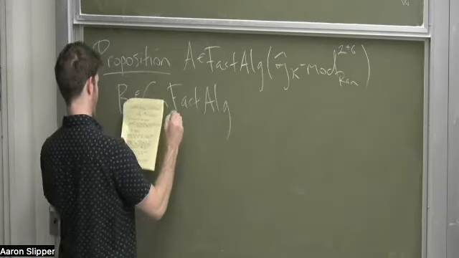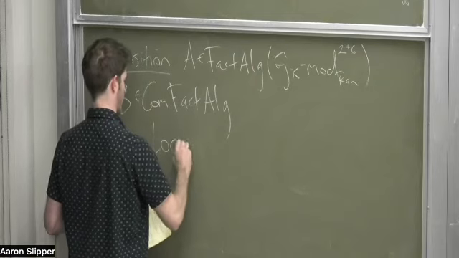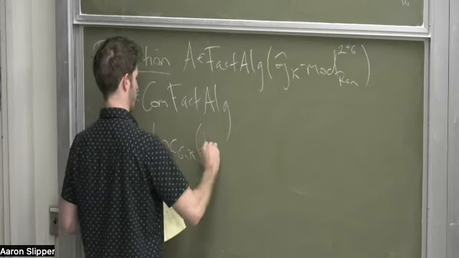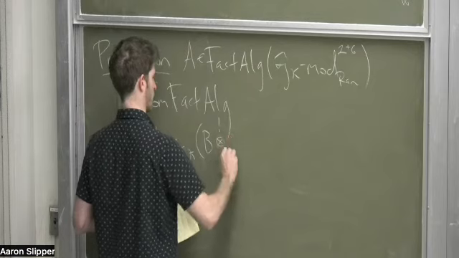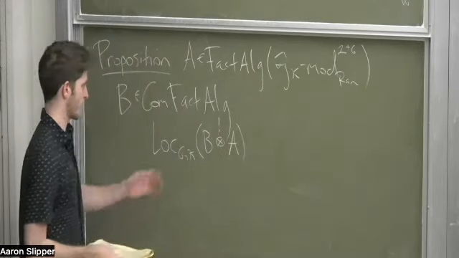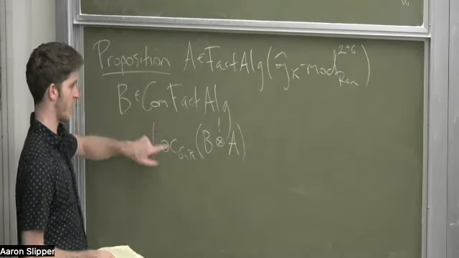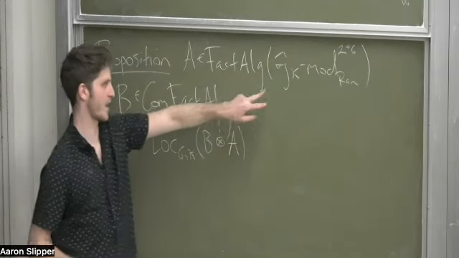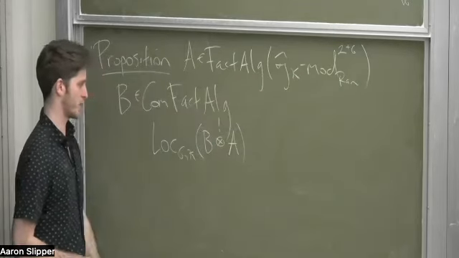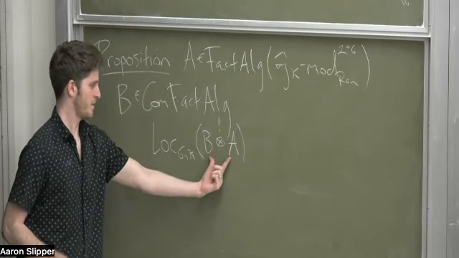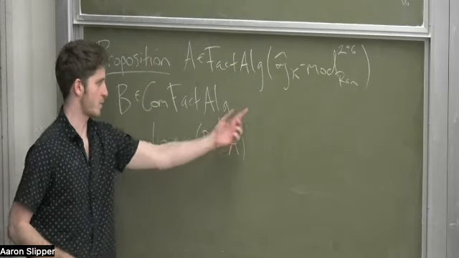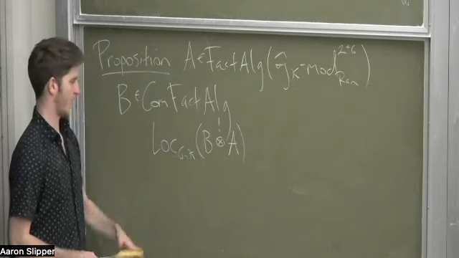The claim is that, again, B is in particular a D-module on Ran space, so I can tensor it with A, and I get another object of the Kac-Moody category. B tensor A, I'm just viewing it as an object of this category. I can localize it.